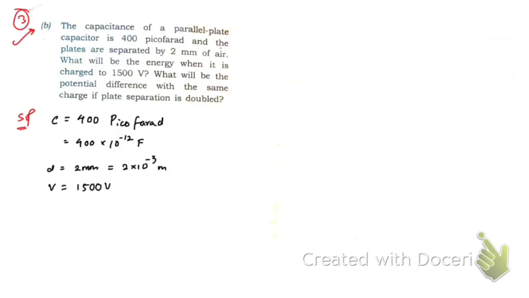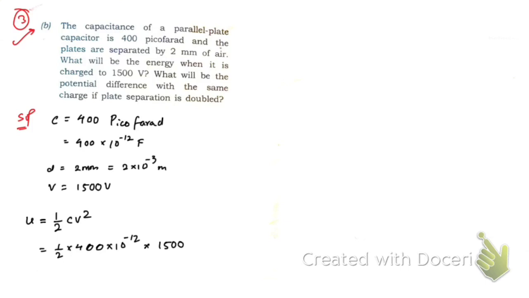Okay, so here we're going to use this formula. U is equal to half CV square. If we use that formula, then let's put the values here: 1 by 2, capacitance is given as 400 into 10 to the power minus 12, and voltage is 1500 here.